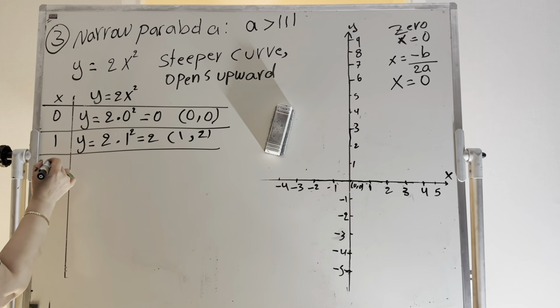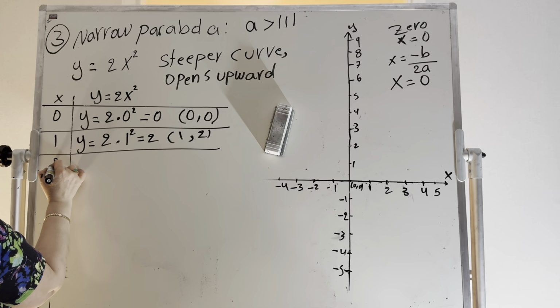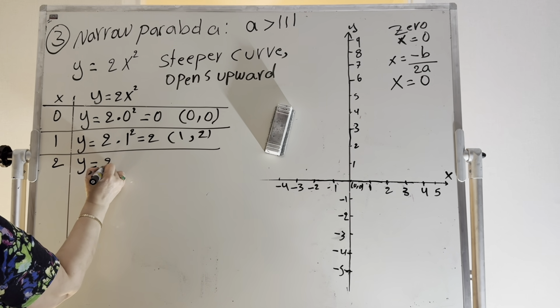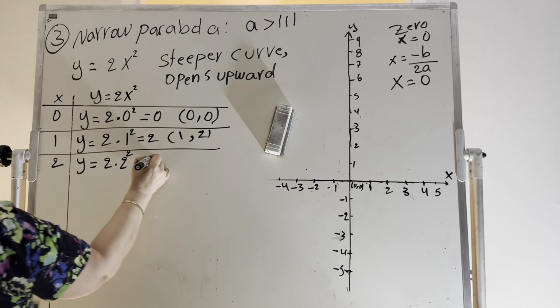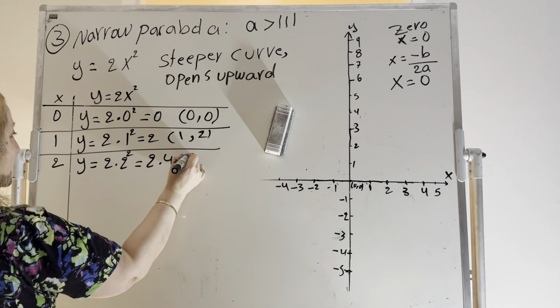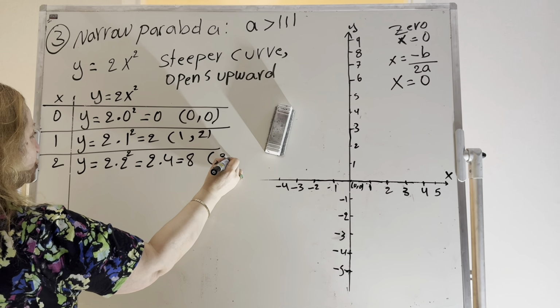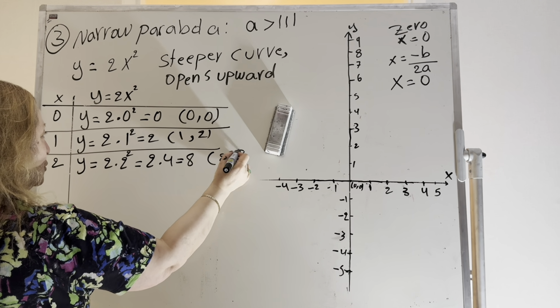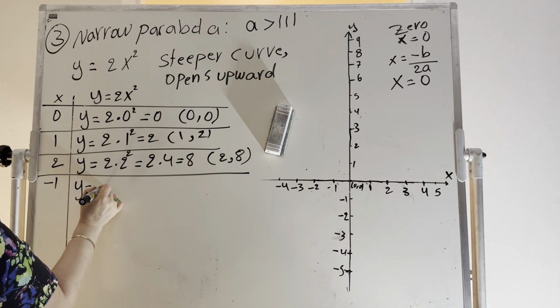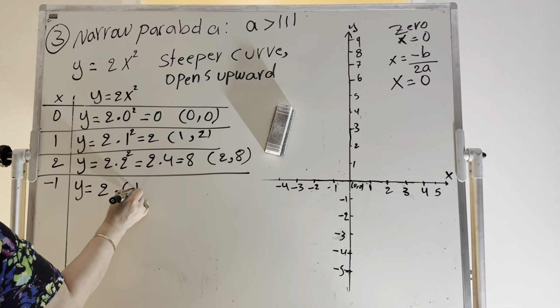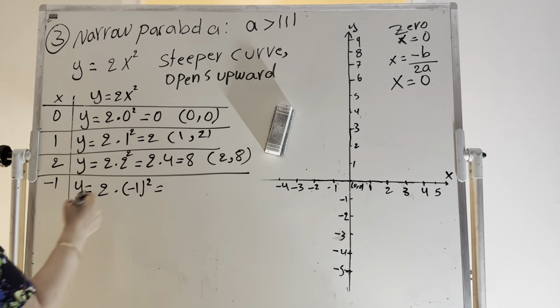When x equals 2, y equals 2 by 2 squared equals 2 by 4 equals 8. So when x equals 2, y equals 8. And when x equals minus 1, y equals 2 by minus 1 squared, or minus 1 by minus 1, equals 2.